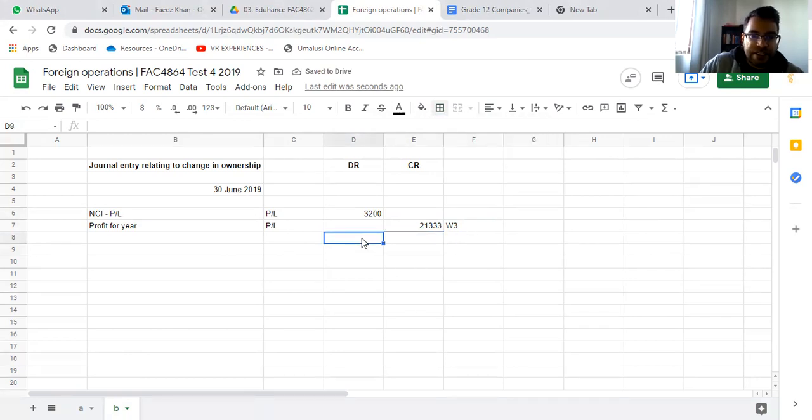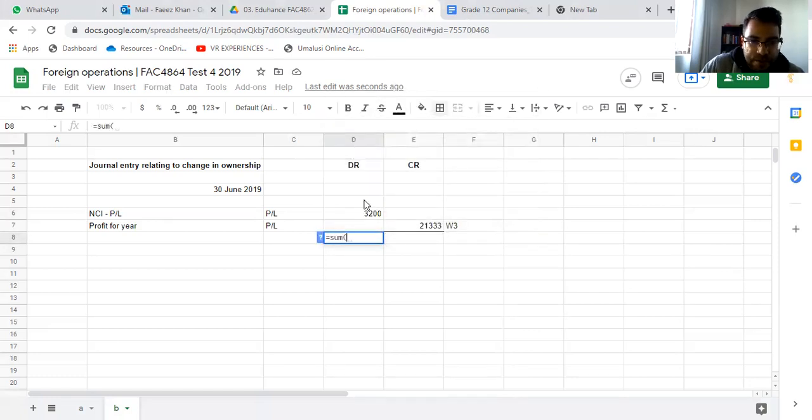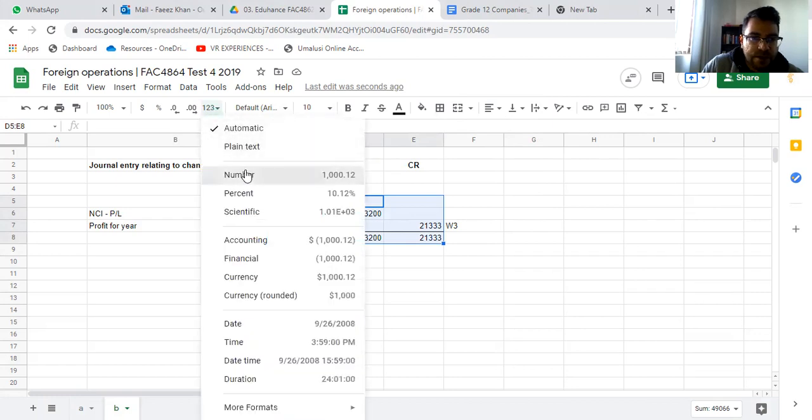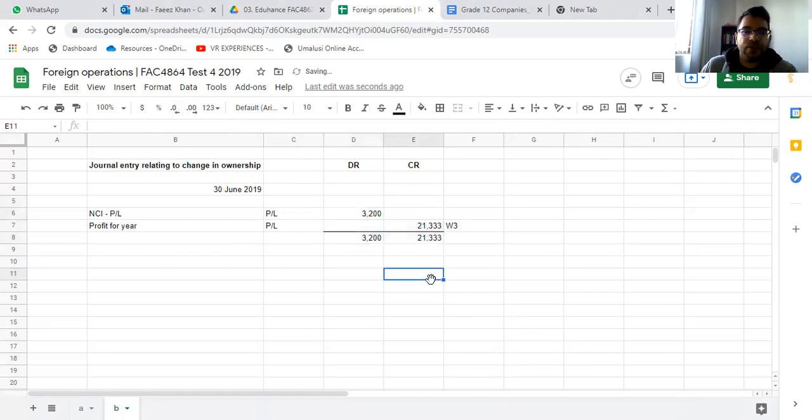But as you can see, this journal entry does not balance. If I add it up, this journal entry does not balance. So where do we take this amount to?